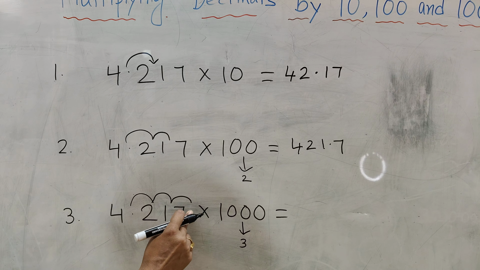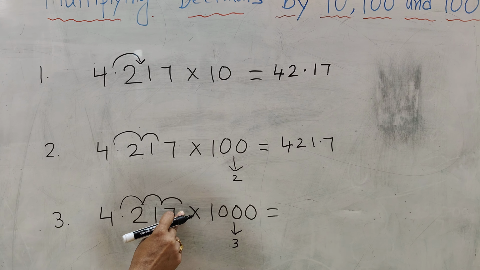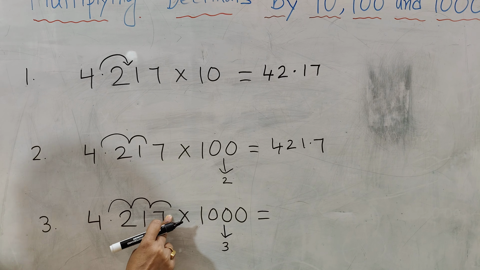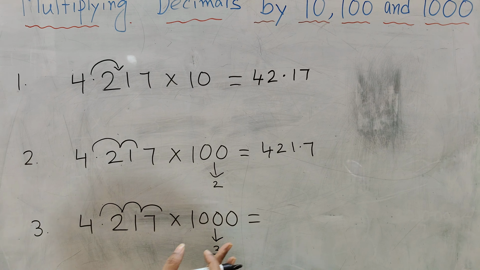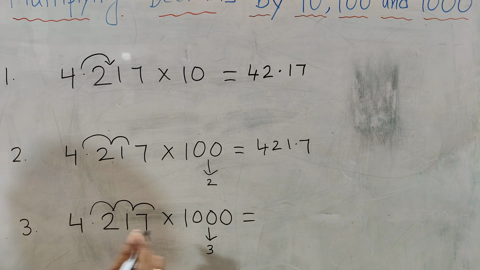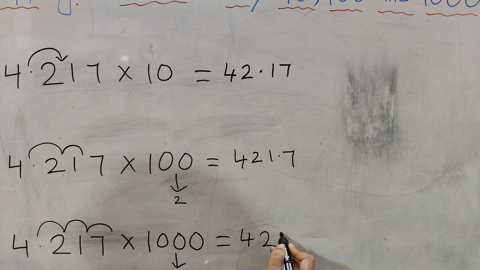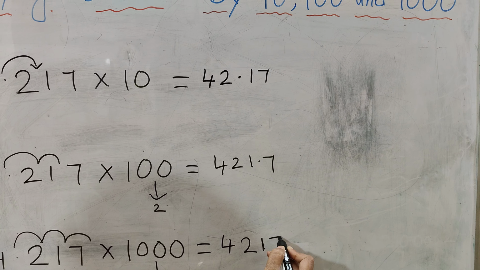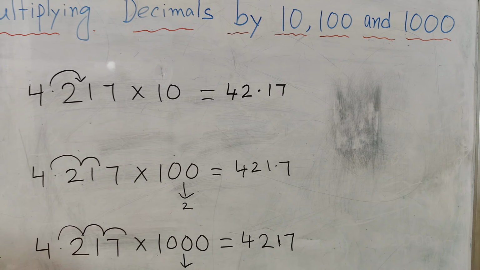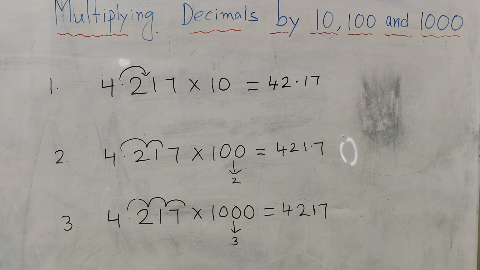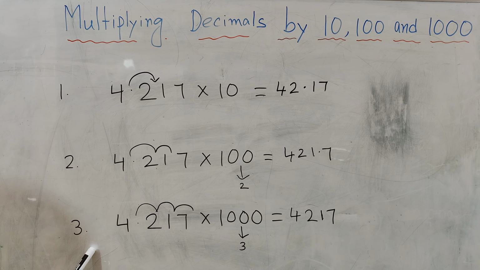If we put the point over here, it has no meaning. So we won't write the decimal point because after that there are no numbers given. So we will write the answer as 4,217.